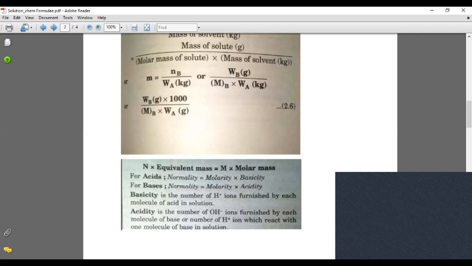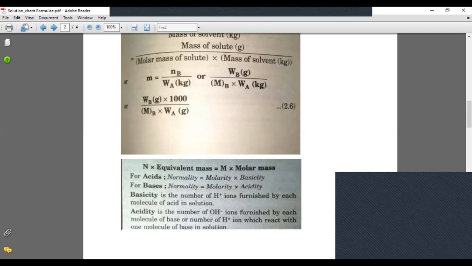In our syllabus, there are only two components, so when we add these two mole fractions, we always get the value 1. The sum of mole fractions of all the components present in the solution will always be unity. That is Xa plus Xb is equal to 1. If Xa is known, then Xb is equal to 1 minus Xa. So this is the very simple way of calculating mole fraction.